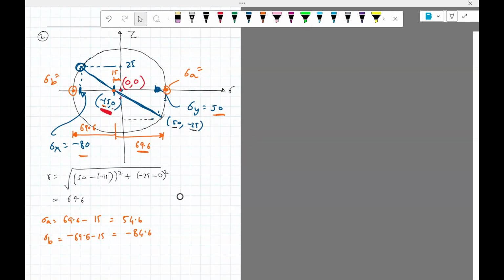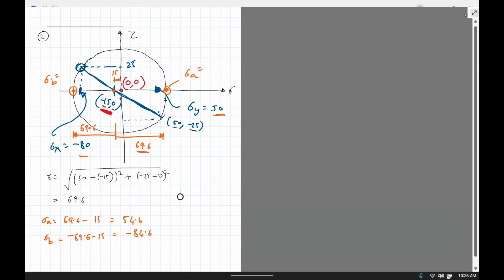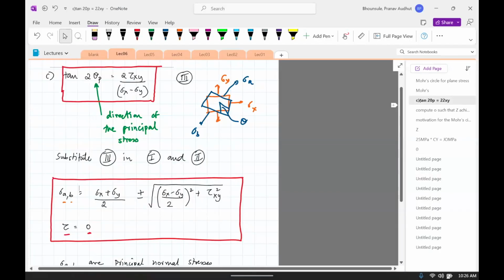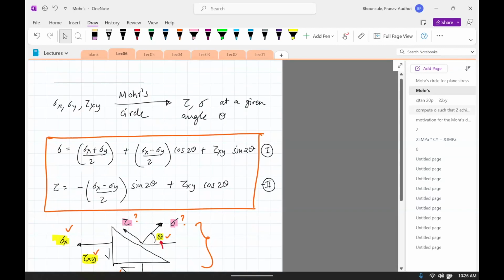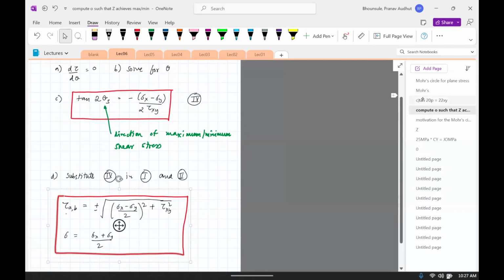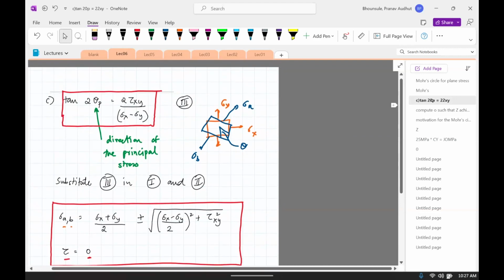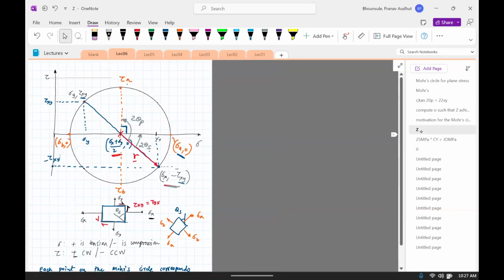Here's one more thing left. I need to compute the direction of the principal stress. Okay, the direction of the principal stress, let's refresh that. Let's go to, which figure is that? Here.